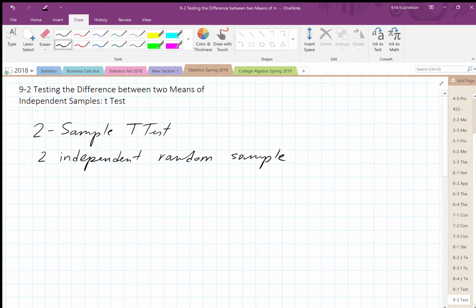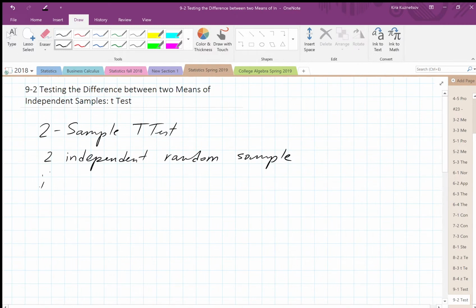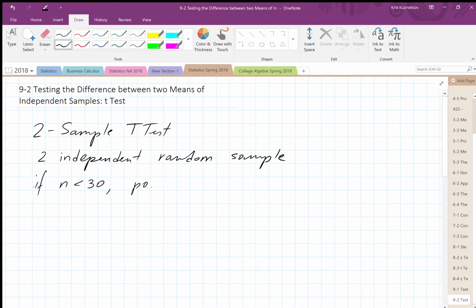N does not have to be the same in order to run this test. If n is less than 30, the population is approximately normal. And then you can go ahead and use a normal t-curve.